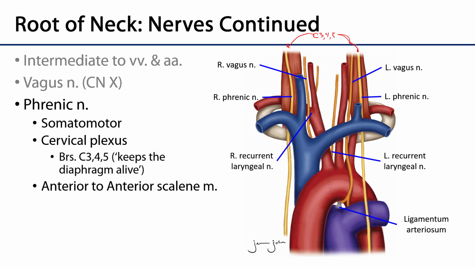And the phrenic nerve has a classic anatomical relationship with the anterior scalene muscle, and that is it just rides its anterior edge on down. And this is a little bit of an error. It should go behind the first rib, but that's not too big of a problem.